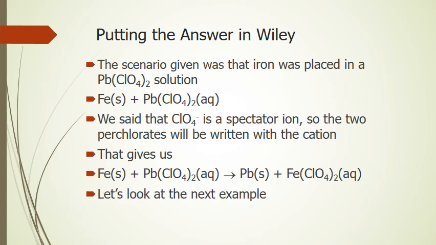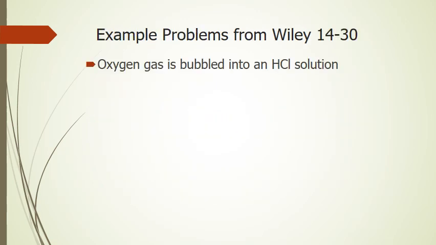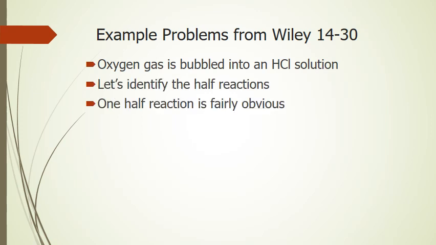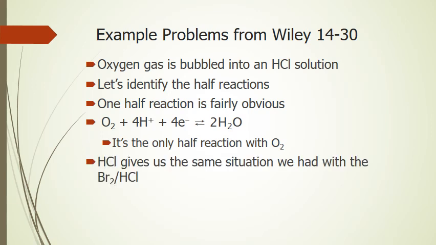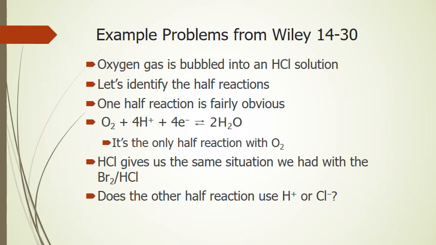All right, let's look at the next example. Oxygen gas bubbled into an HCl solution. Our half reactions. Hey, oxygen, there's only one that has oxygen, and there it is. Now we've got our same situation we had before. HCl, is it going to be H plus or is it going to be Cl minus?